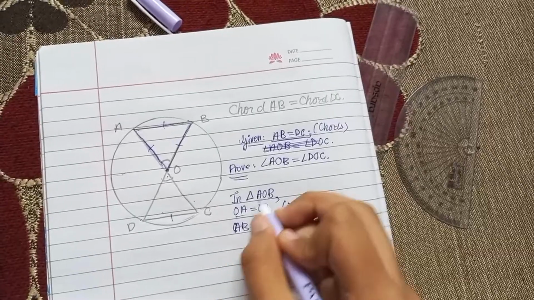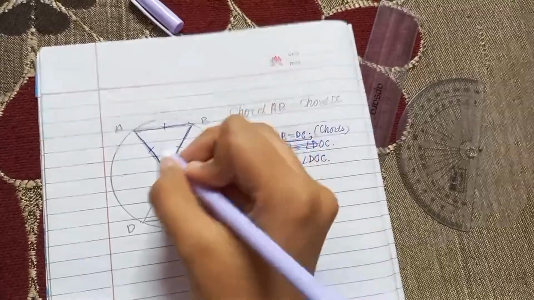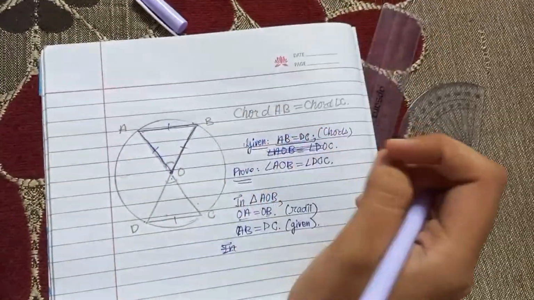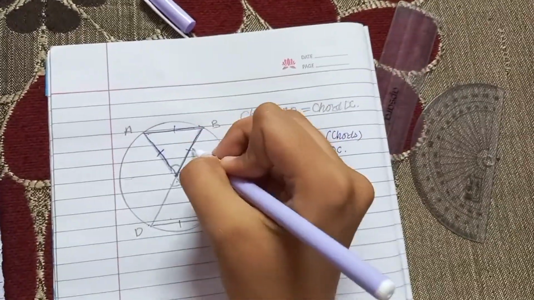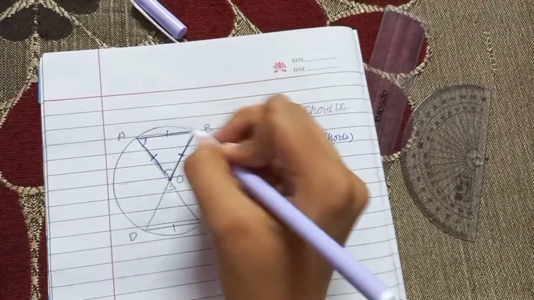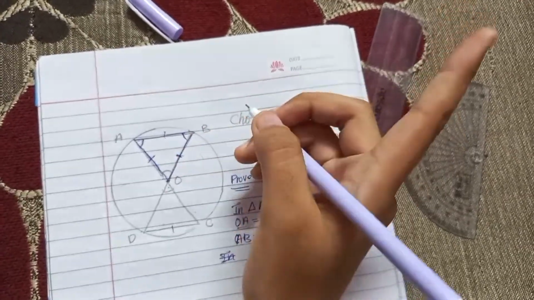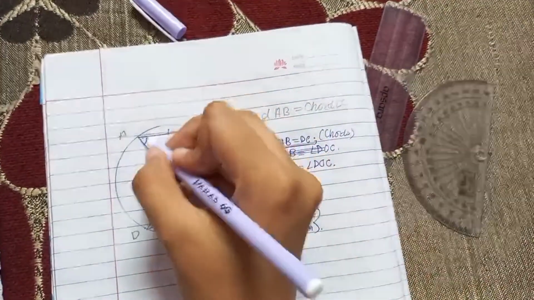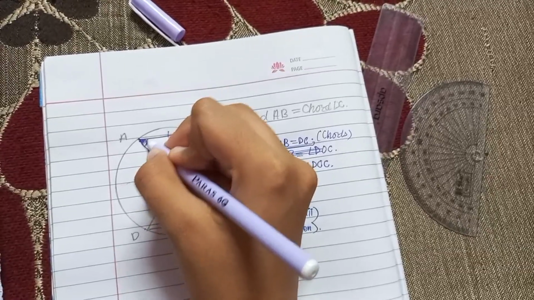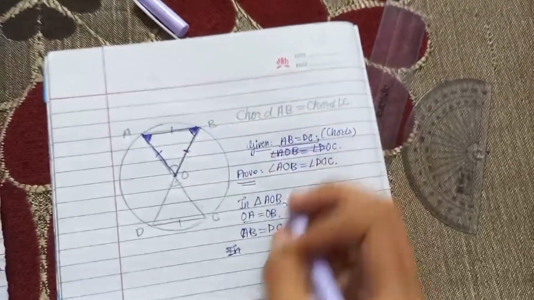Now another property of triangles: opposite to equal sides we have equal angles, which means this angle A and this angle B are equal.